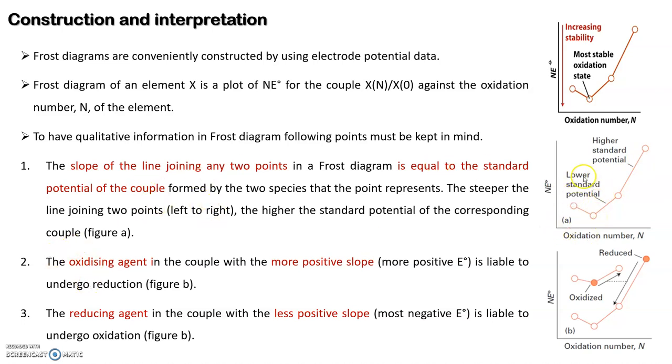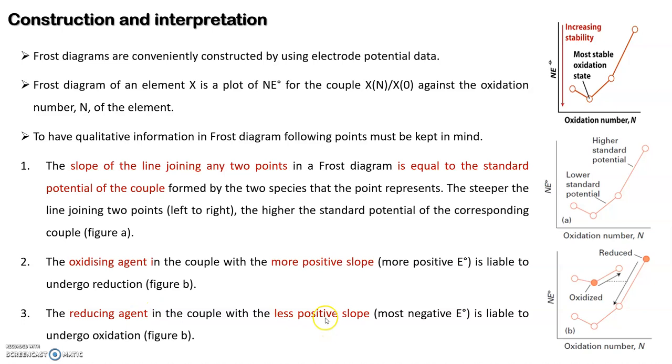Next, we can identify whether a species is a good oxidizing agent or reducing agent from the Frost diagram. The oxidizing agent in the couple with more positive slope, that means steeper slope, will be liable to undergo reduction, meaning it is a very good oxidizing agent. That means the more positive the slope, the better is the oxidizing agent, and the higher is the tendency to undergo reduction.